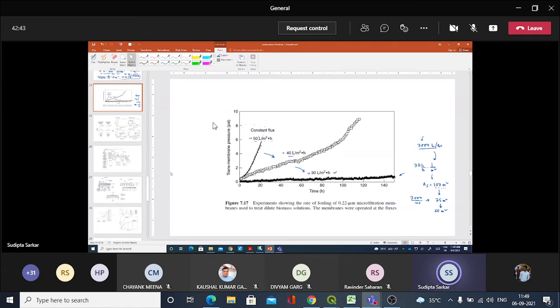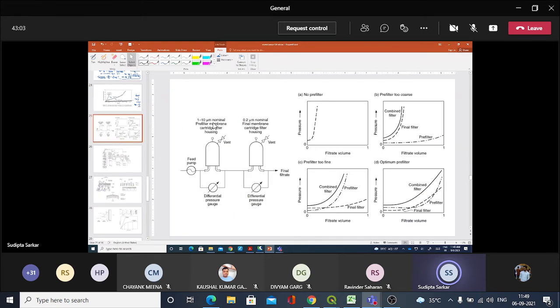So this is one way we can optimize. There is a trade-off between membrane surface area requirement as well as the fouling of the membrane.